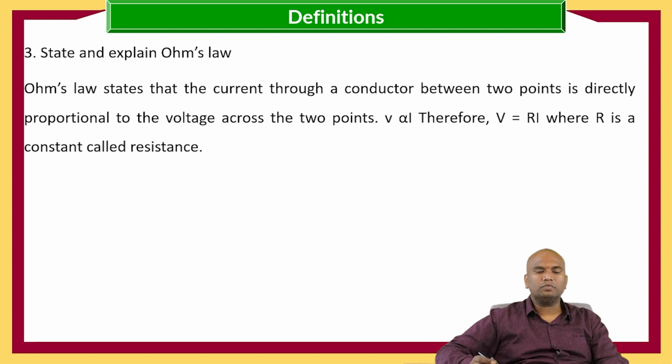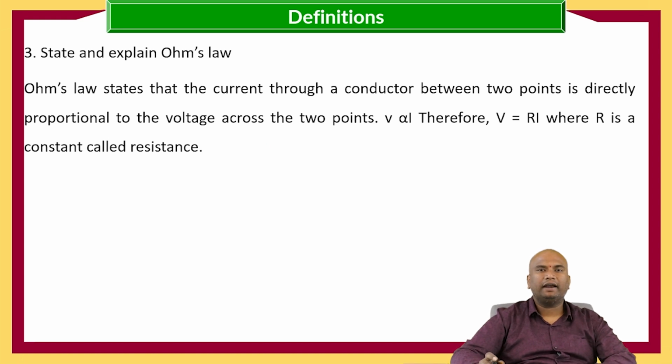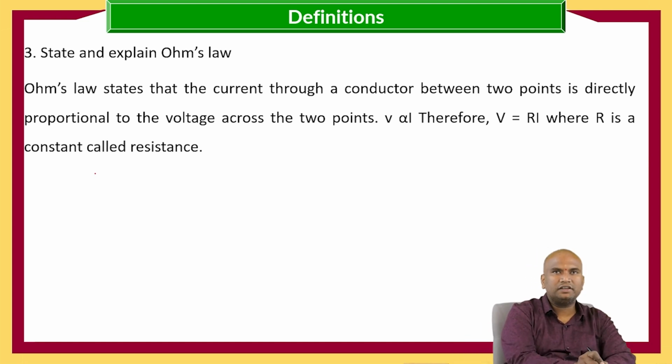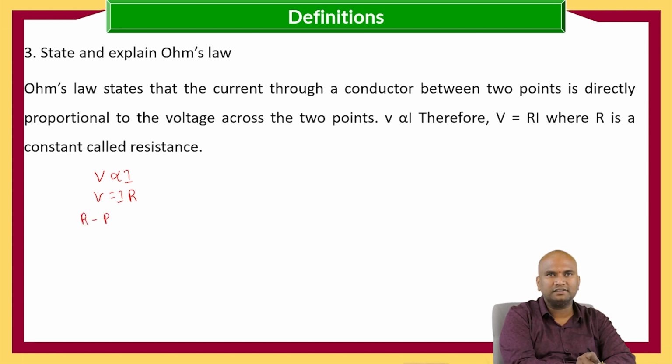State and explain Ohm's law. Ohm's law states that at constant temperature, the voltage across any conductive material is proportional to the current flowing through it. So V is proportional to I, which gives V equals IR, where R is the proportionality constant and it is called resistance.